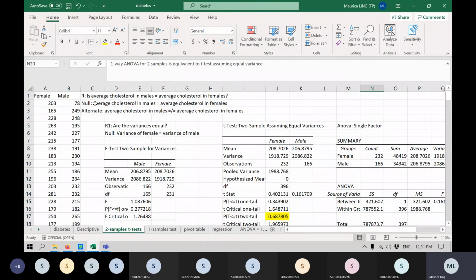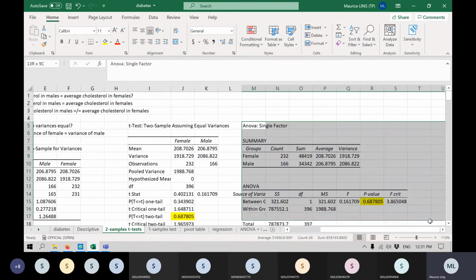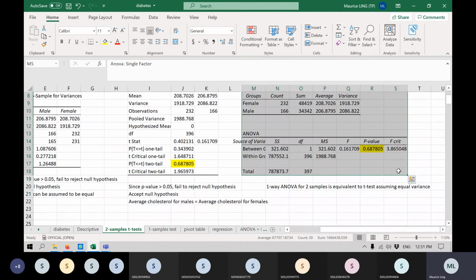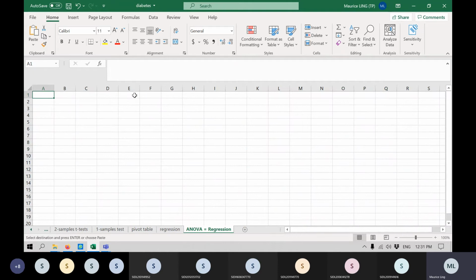So let's look at our two samples test. Remember we talked about this. Is the average cholesterol in males equal to the average cholesterol in females? And we did that. Okay, let's copy out this ANOVA table so we can see the results.